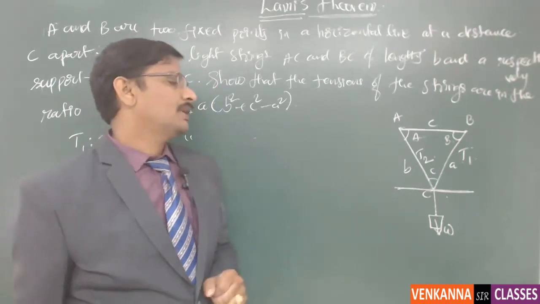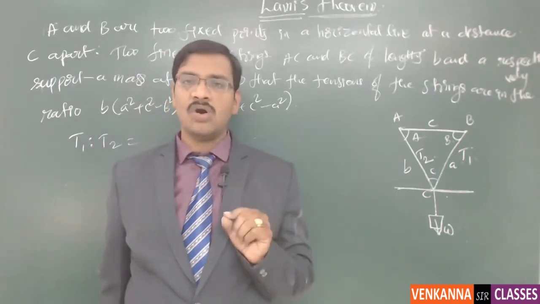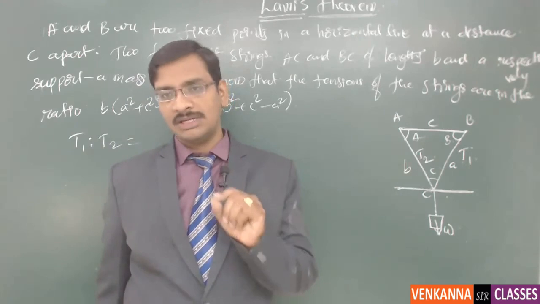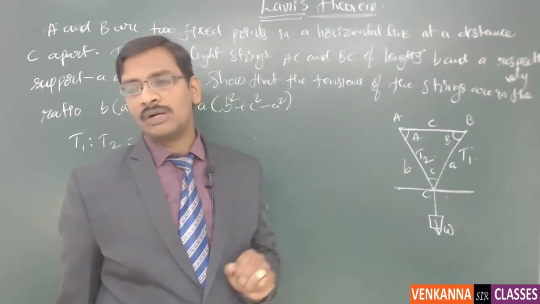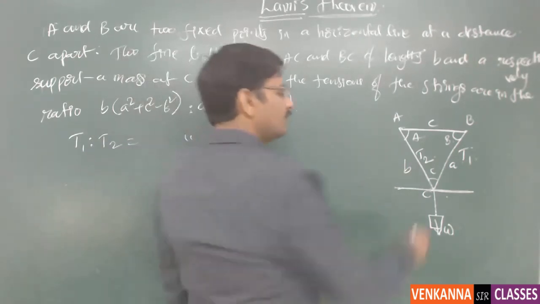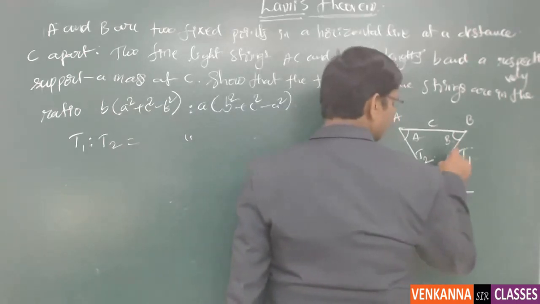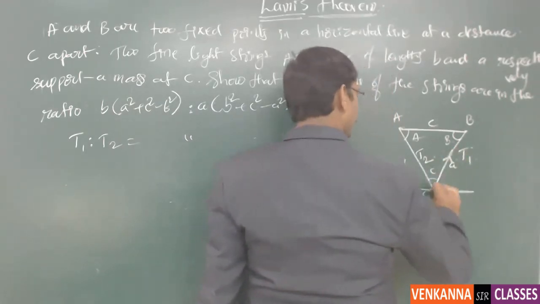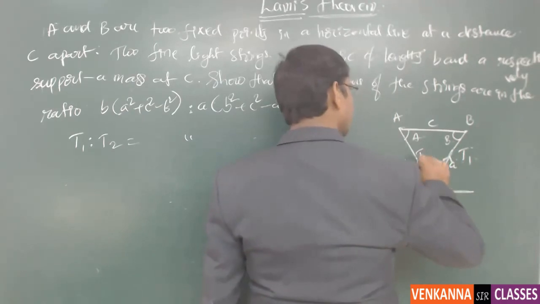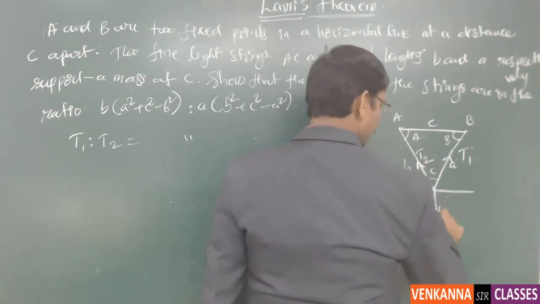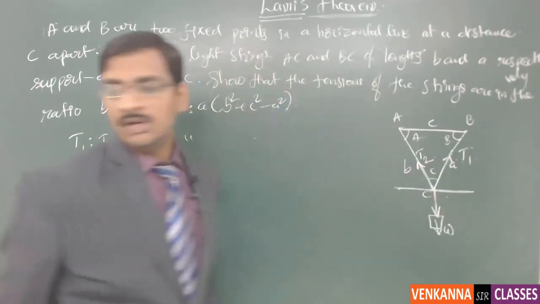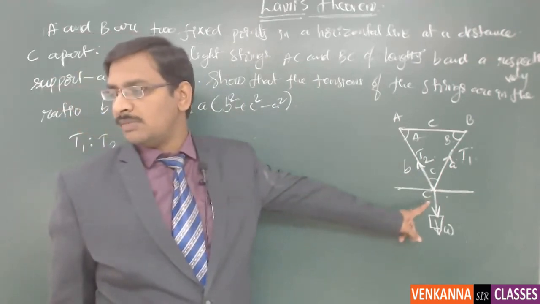In Lami's theorem, the fundamental quantities are the angles between all the three different forces. Now what are the forces here? One is the tension in the string in this direction, this is also the tension in the string in this direction, and the weight towards the bottom. So there are three different forces, and all three are under equilibrium at this particular point.